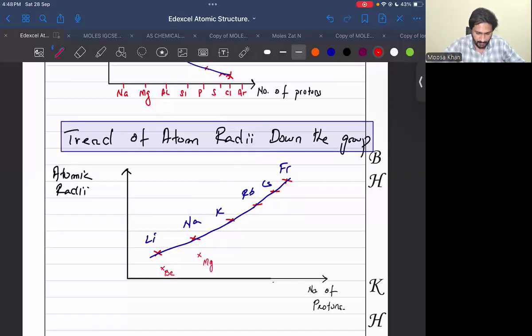Same goes for potassium: its size is bigger compared to its third period element, which is calcium, and so on. Right? So this is the trend for group 2, and the first one is the trend for group 1.